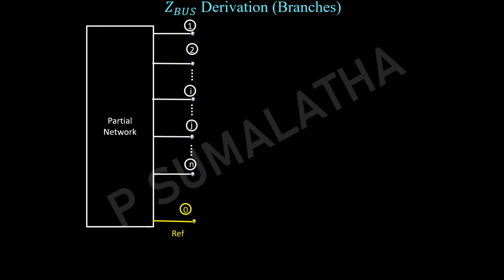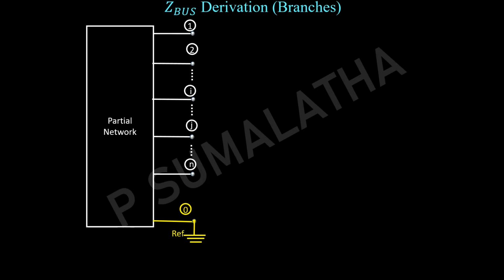You might have studied in short circuit studies that short circuit analysis is done using the current injection method. The same method we are going to follow in this Zbus derivation also. The reference node is always connected to the ground line, so it will have zero potential.